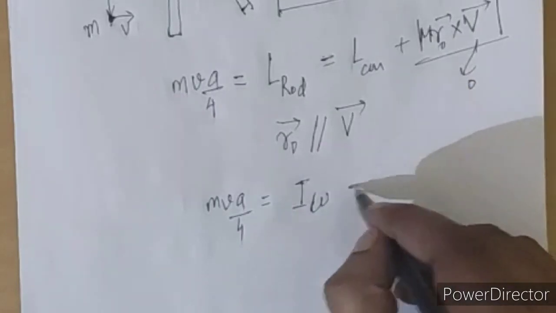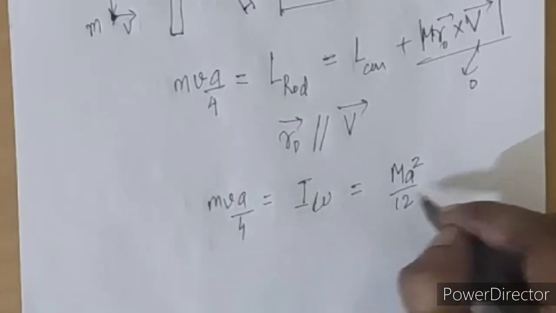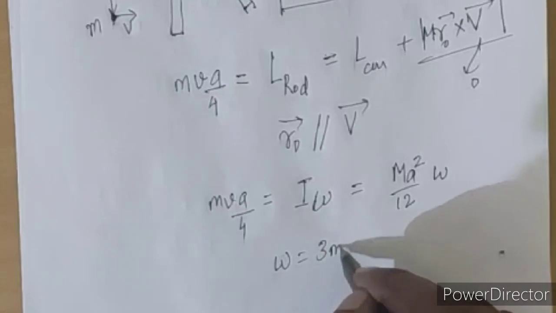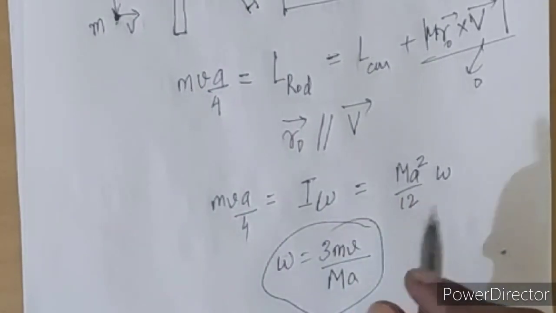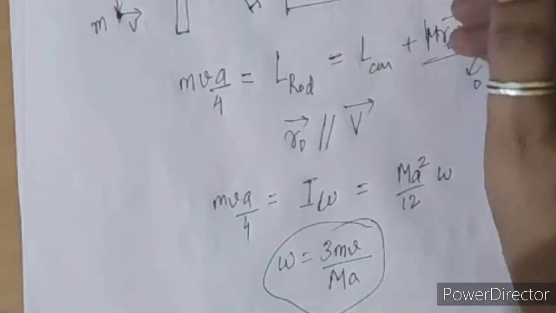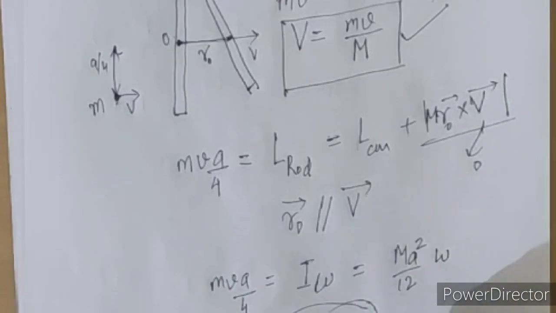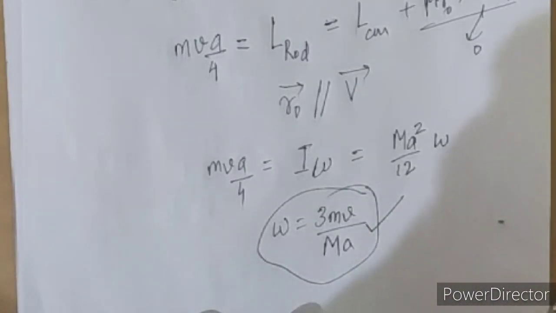The moment of inertia is M a square by 12 times omega. If you calculate this, omega becomes 3 mv by M a. So this will be the angular velocity, and this will be the velocity of the center of mass, and this is the angular velocity with which this rod will start rotating.